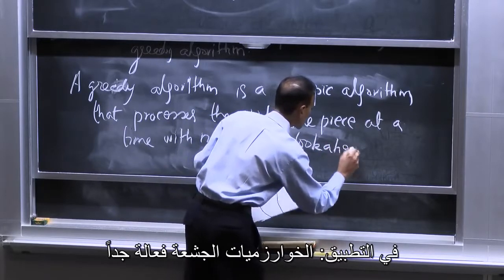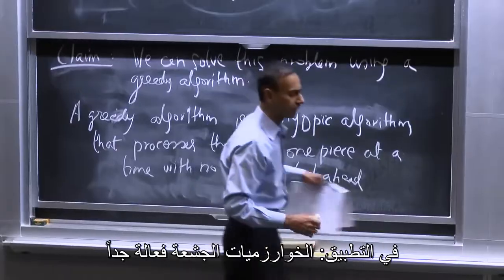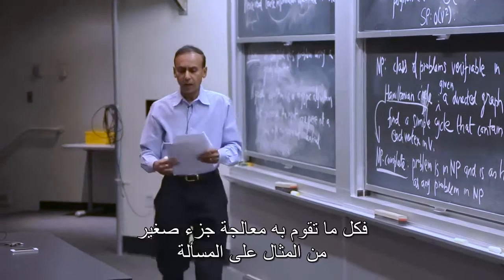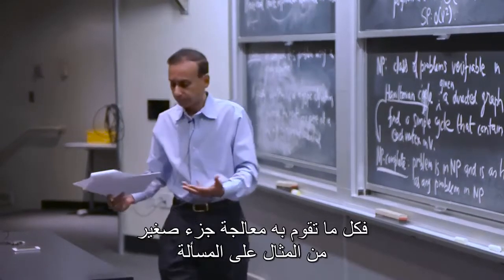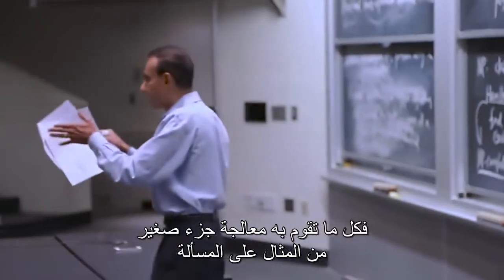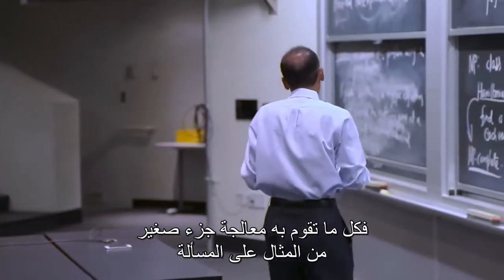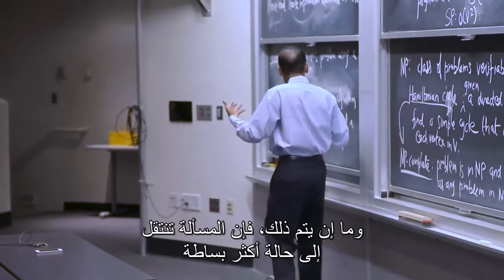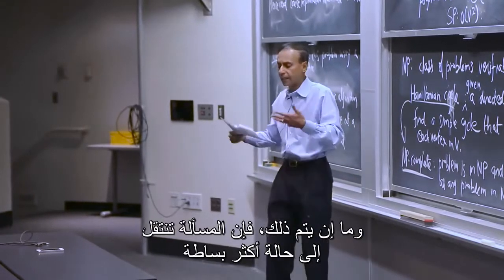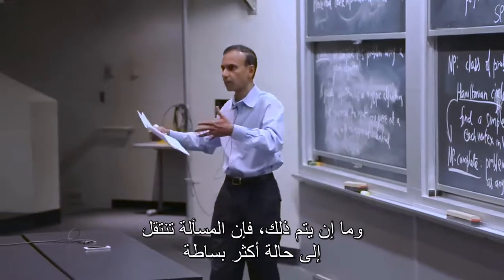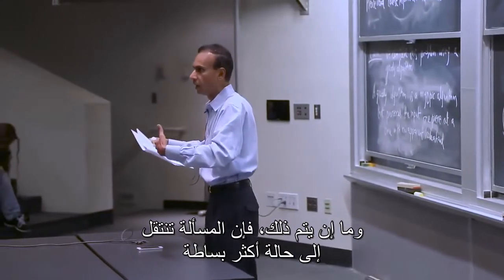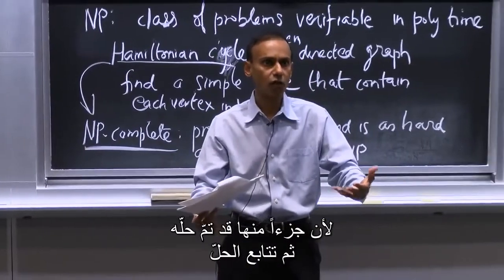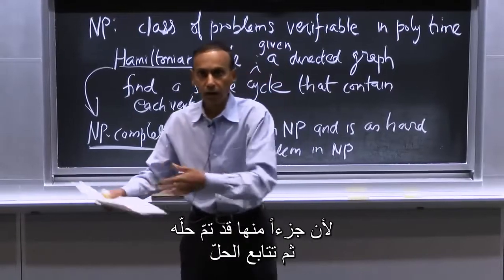So what happens is that greedy algorithms are typically quite efficient. What you end up doing is looking at a small part of the problem instance and deciding what to do. Once you've done that, then you're in a situation where the problem has gotten a little bit simpler because you've already solved part of it, and then you move on.